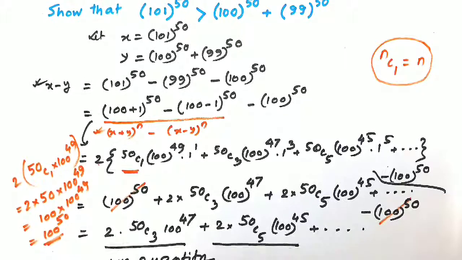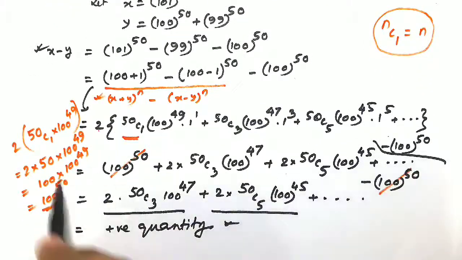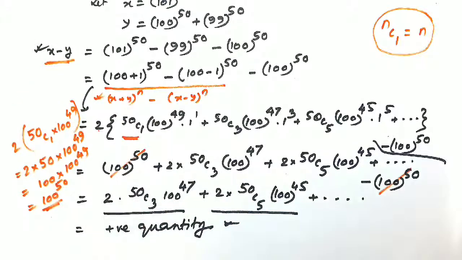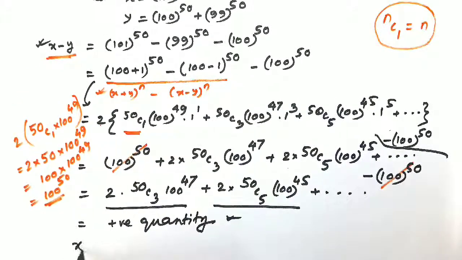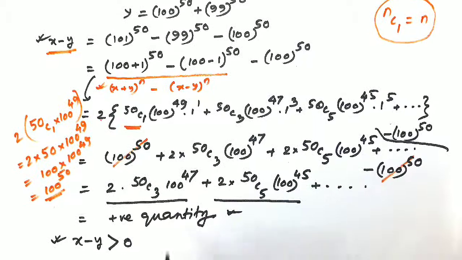This is a positive quantity. That means this expansion gives a positive quantity, and it comes from x minus y actually. That is, x minus y is a positive quantity, that means x minus y is greater than 0. If x minus y is greater than 0, then can you write x is greater than y?